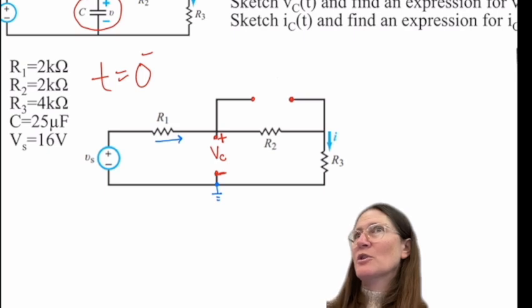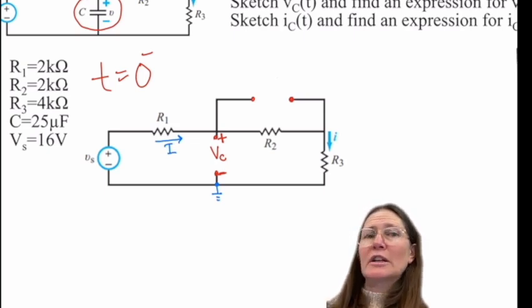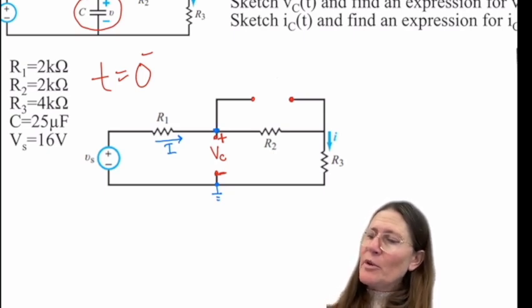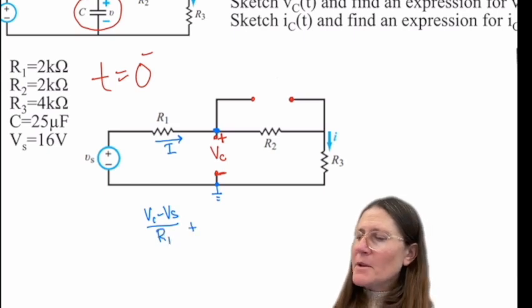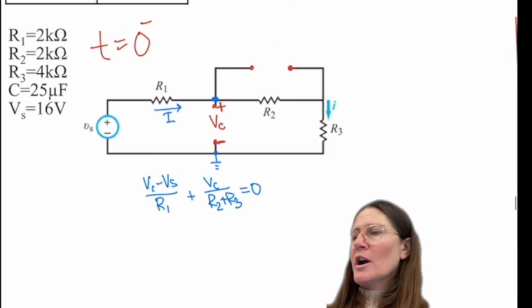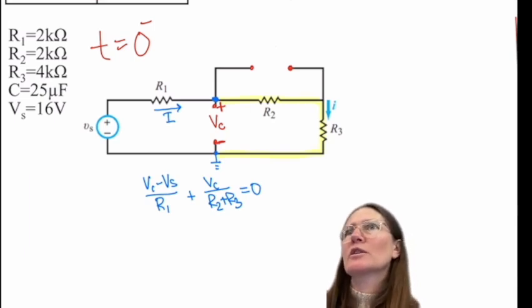There's actually going to be current flow here. So I could do node voltage here, and this node would be my VC. The node voltage equation would be (VC minus Vs) over R1 plus VC over (R2 plus R3) equals 0. Or I could notice that this is a voltage divider if I combine those two together.